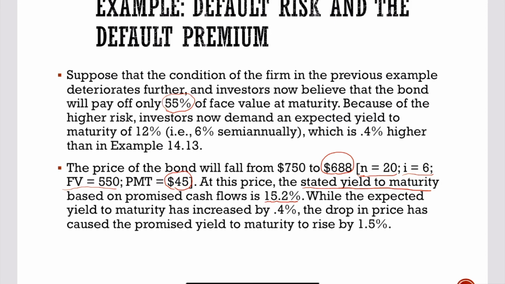For the stated yield to maturity, you will use n equals 20, I equals 6, and a future value of 1,000. Then you could calculate the stated yield to maturity.